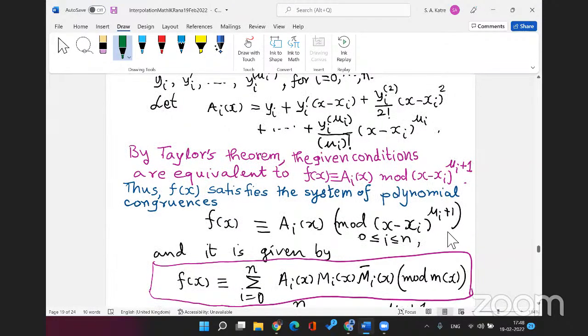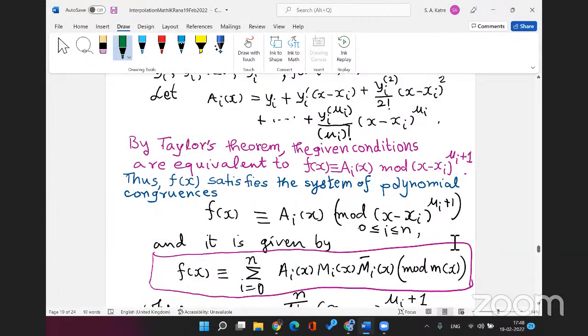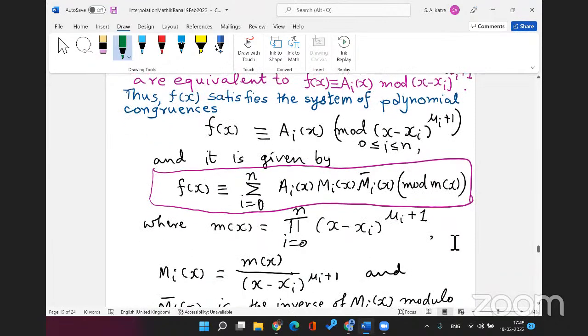And now, once it is in the congruence notation, and we know that when x_0, x_1, ... are distinct, the polynomials (x minus x_i) raised to mu_i plus 1 are mutually co-prime. Therefore, we can use the Chinese Remainder Theorem for polynomials, and you can get this answer: f(x) equal to summation a_i(x) m_i(x) m_i bar(x) mod m(x), where m(x) is the product of (x minus x_i) raised to mu_i plus 1, i equal to 0 to n.